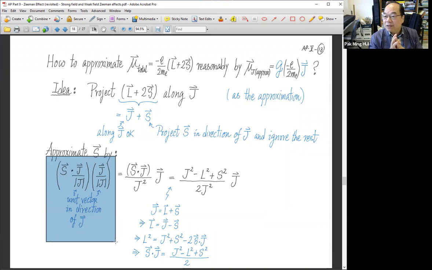Project S onto J and only take that component. Okay, so do you understand this particular combination? Once you get through it, everything is easy.